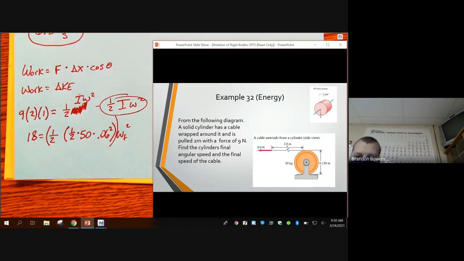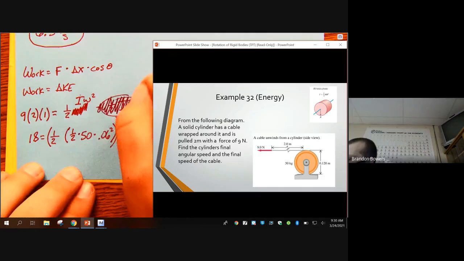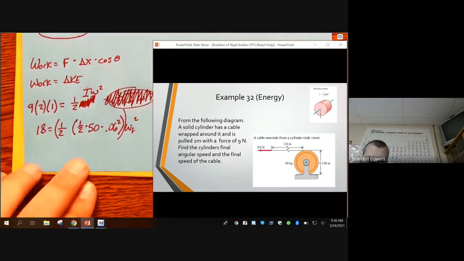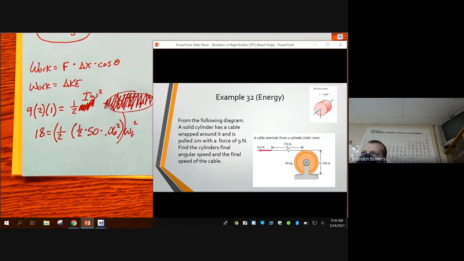Before it's pulled, all of that's 0. So we can just solve for omega final right there. I love zeros. I know I kind of drew that up really weird. You drew it correctly, which is the right way.